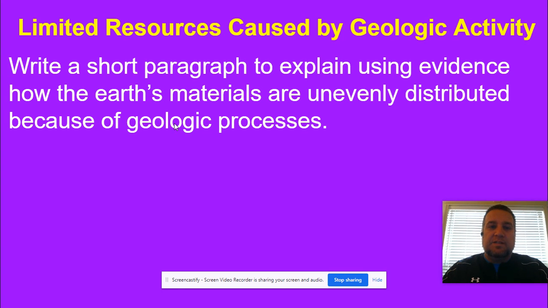And those are all caused by geologic processes, right? So write a short paragraph, I'll live with 3 sentences, guys. You don't have to do a full paragraph. Explain how you know that material is distributed differently, and what are some of those geologic processes that make it? This is going to be really similar to the paragraph you did on Friday. I just wanted to show you some graphs to show you that as well.